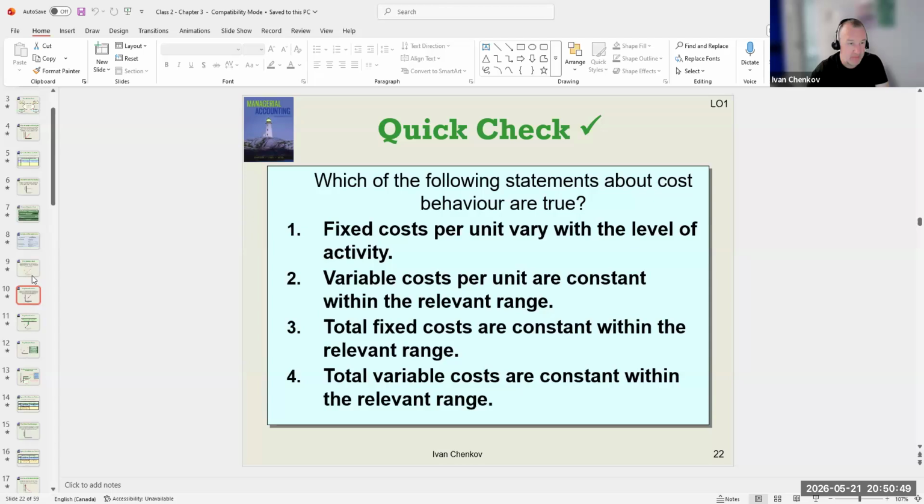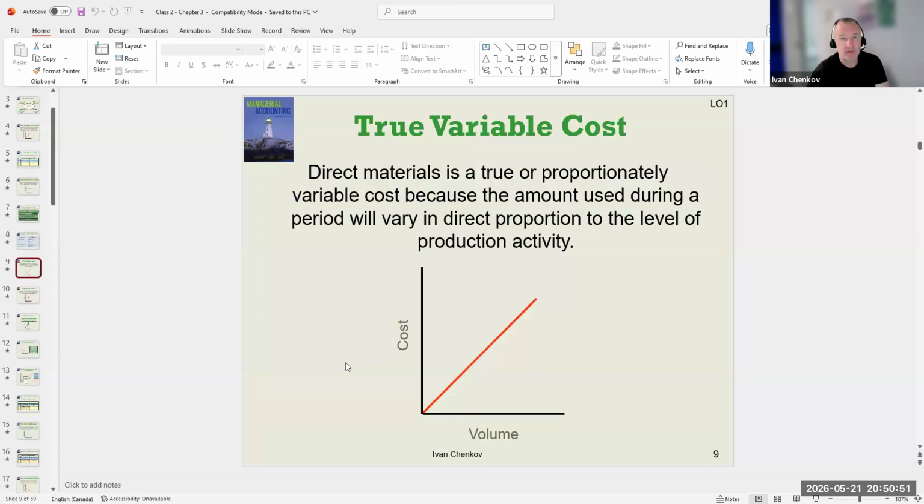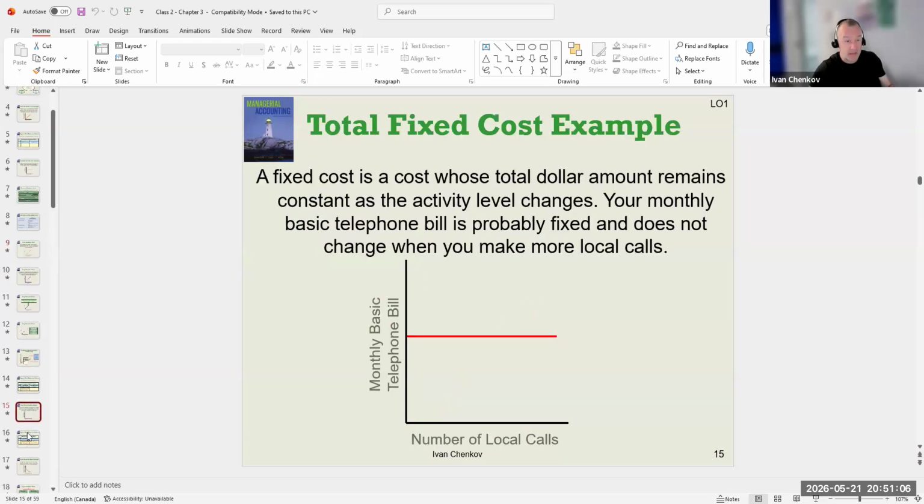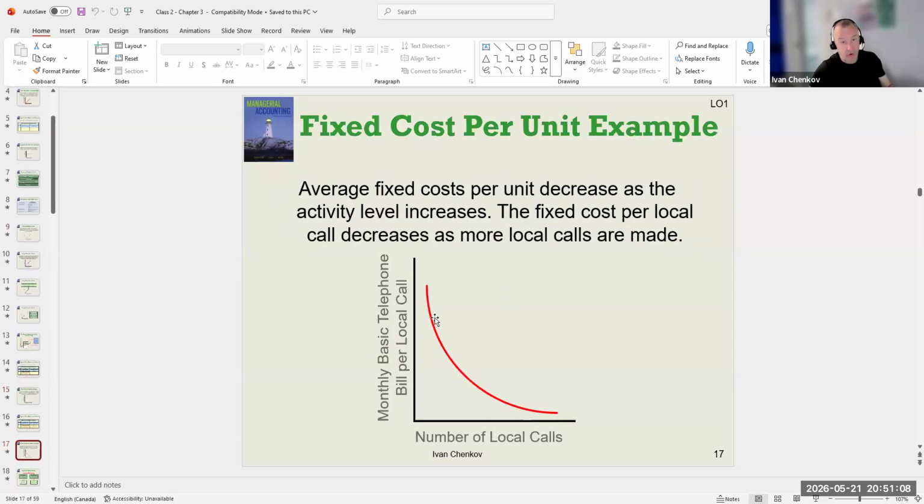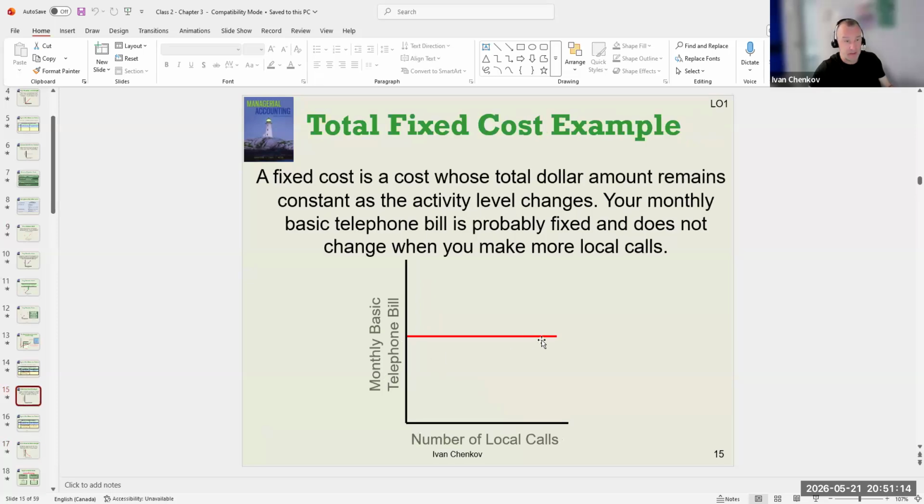Why? Because with a true variable cost, it usually increases or changes with the level of activity. So what I want you to understand is, as accountants, we don't like this. We don't like going up or going down. We can be happy with cost constantly going down, down, down, but we are most happy when we see a flat line.